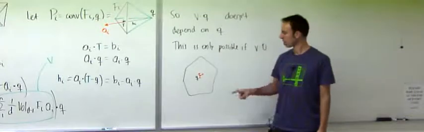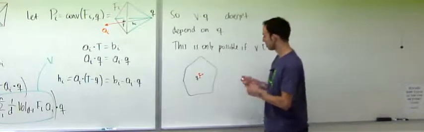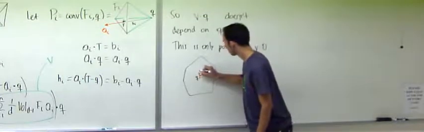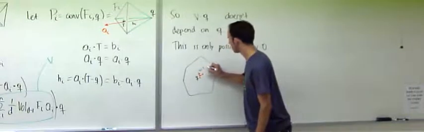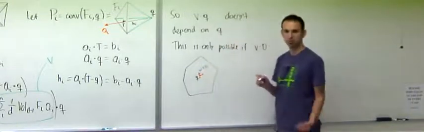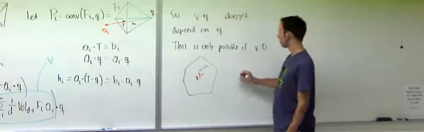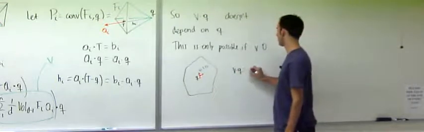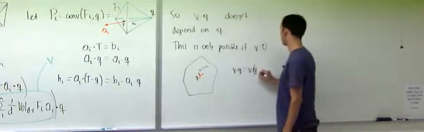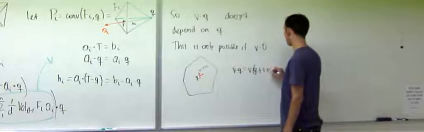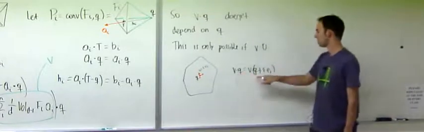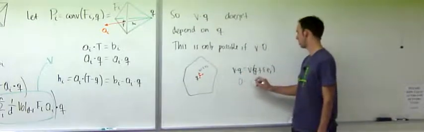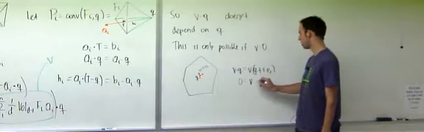This is Q plus epsilon times E1, where E1 is a unit vector. So then we're saying V dot Q is equal to V dot Q plus epsilon E1.